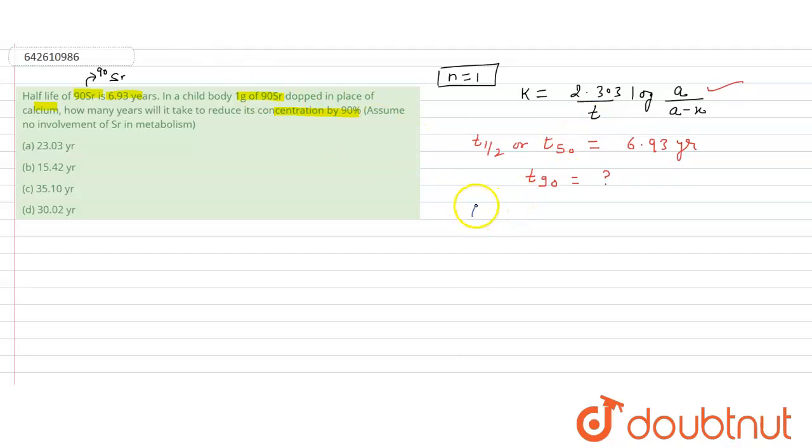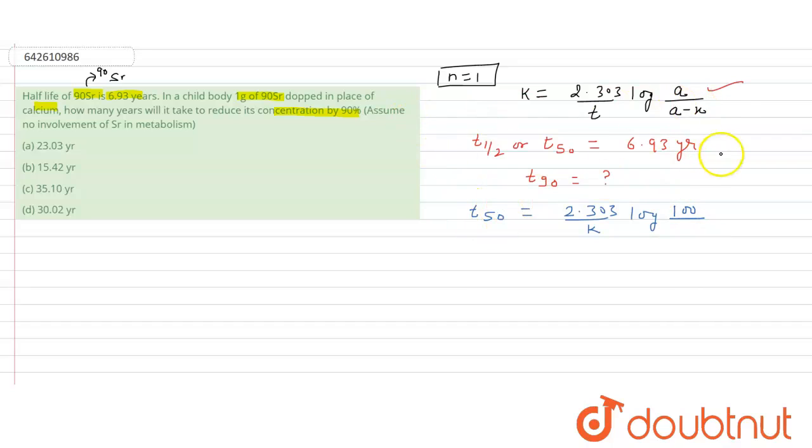The time for T half will be equal to 2.303 divided by K, and log A. As the concentration is given as 90%, we can assume the initial concentration is 100.